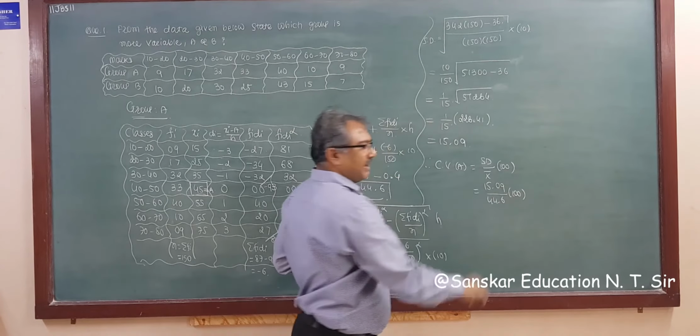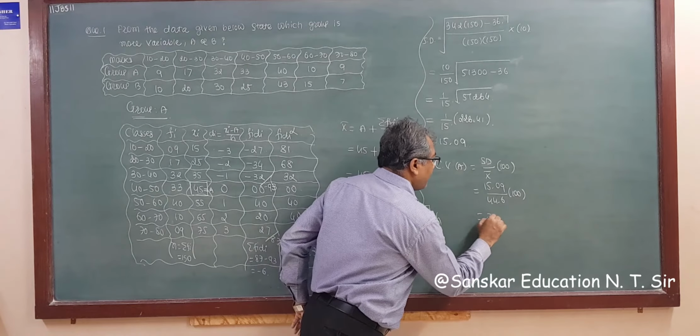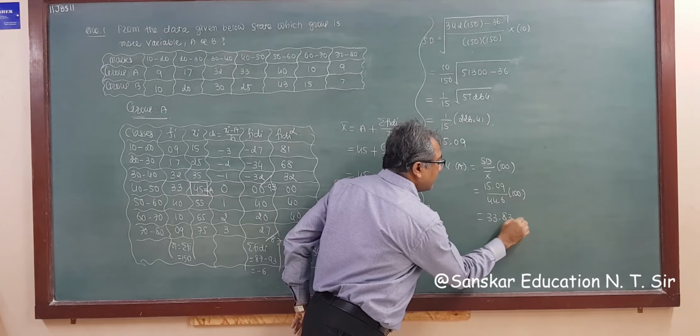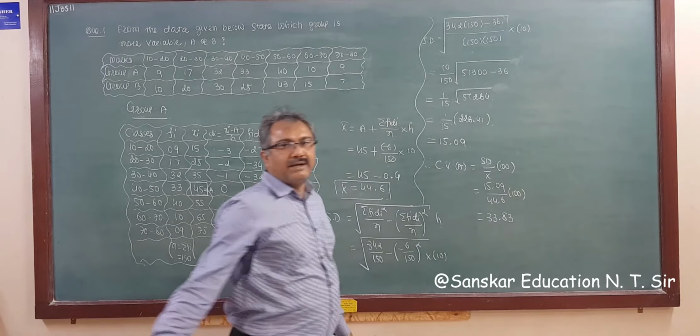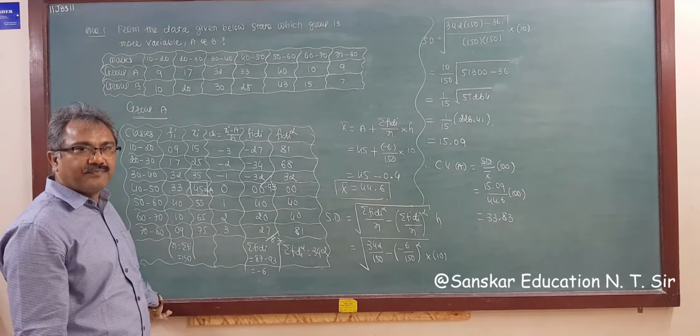So the final answer will be 33.83. This is the CV for group A.